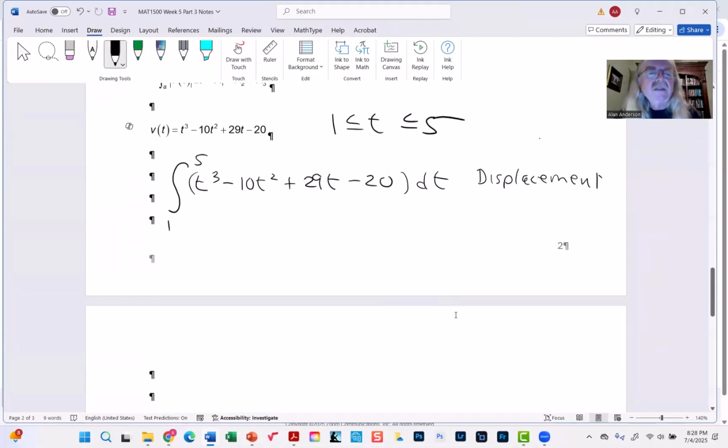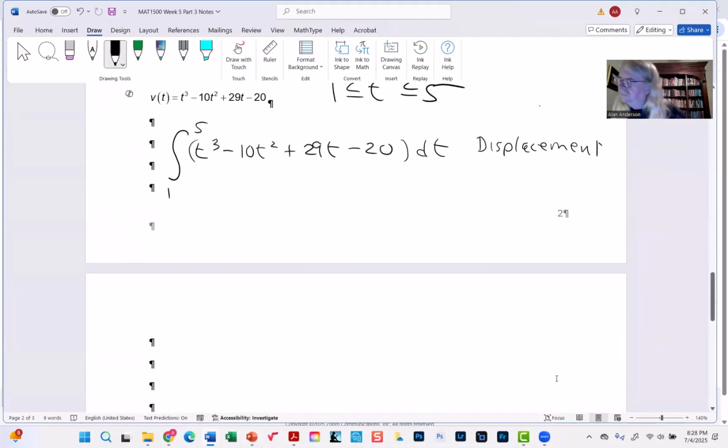All right, so let's integrate it. So the first thing we should probably do is break this up into four separate intervals and add them together at the end.